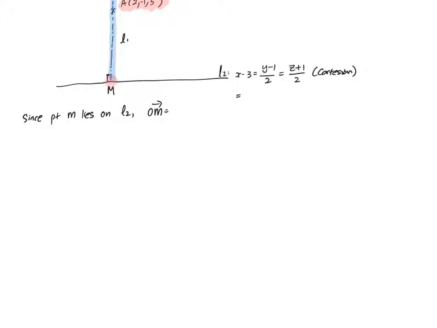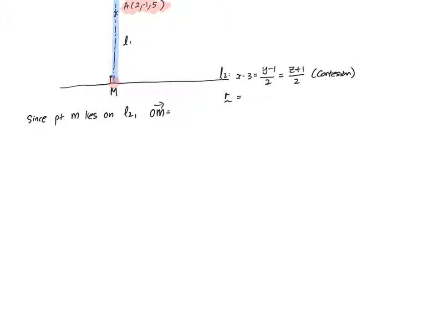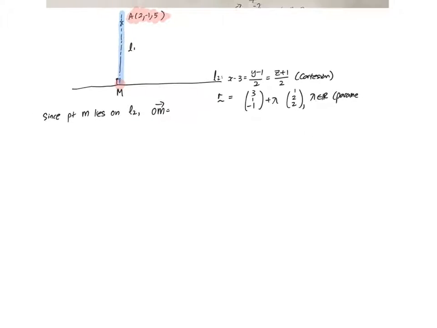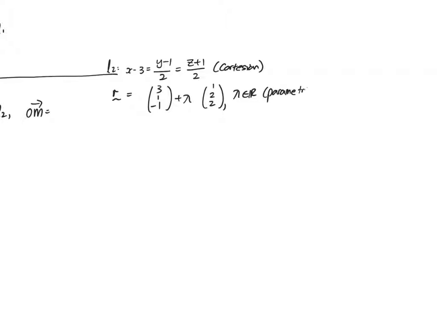So in order for us to make it meaningful, let's try to write it in parametric form. I'm sure you have done the conversion by yourself. This is (3, 1, -1) plus lambda of (1, 2, 2), where lambda is real. So this is basically in the parametric form.